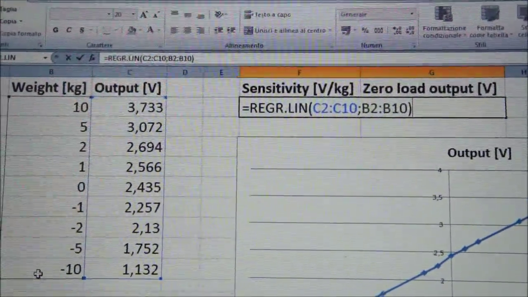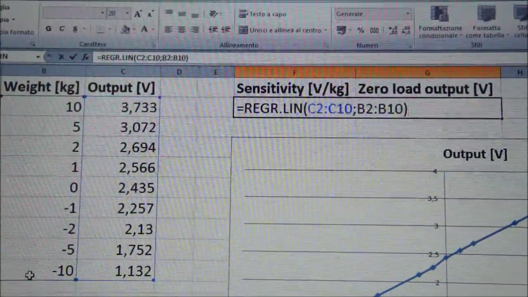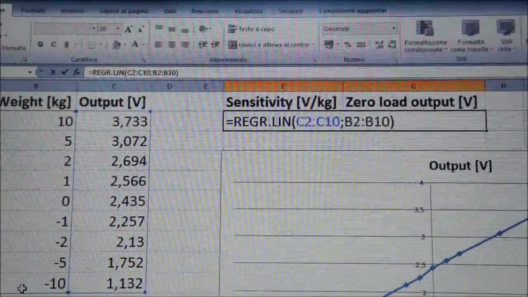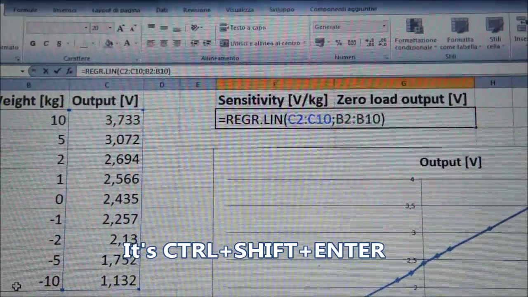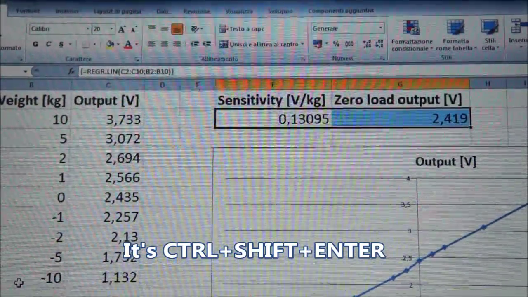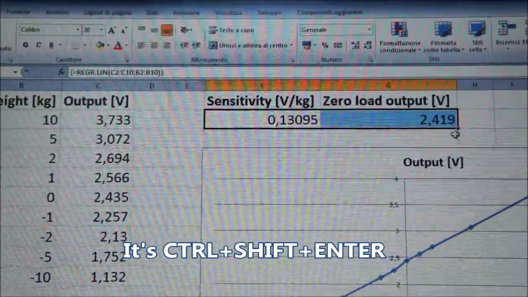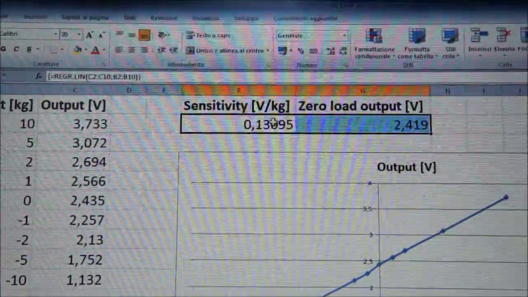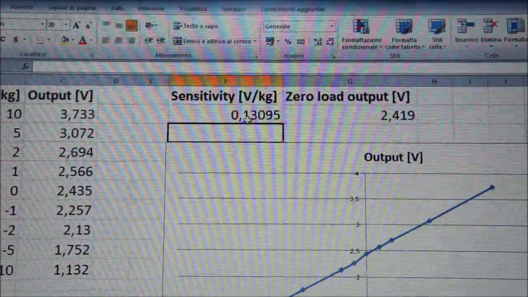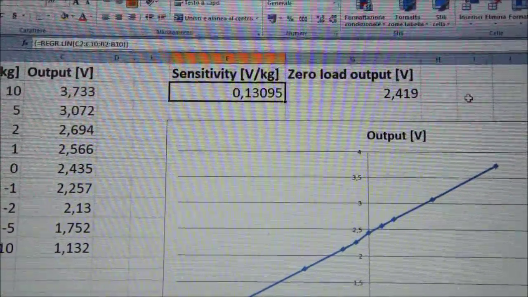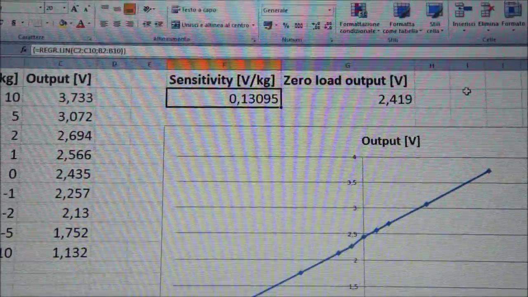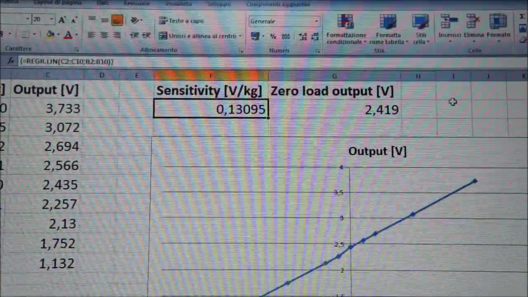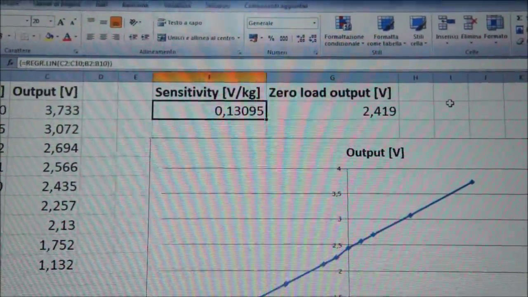Remember not to press only Enter, because you have two cells to output. For double or multiple cell output, you have to press Ctrl Alt Enter. These are the parameters: the estimated zero load output is 2.419, and the sensitivity of our load cell is 0.13095 volts per kilogram. This is the end of the calibration procedure.